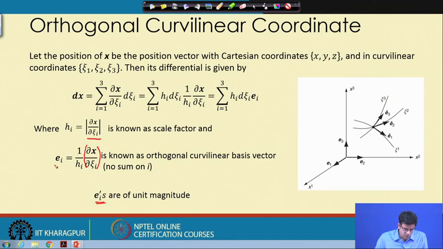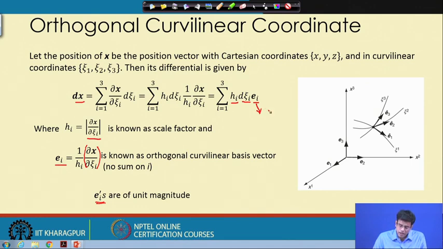So my final dx is essentially h_i d xi_i times the unit vector. This I term an orthogonal curvilinear system.